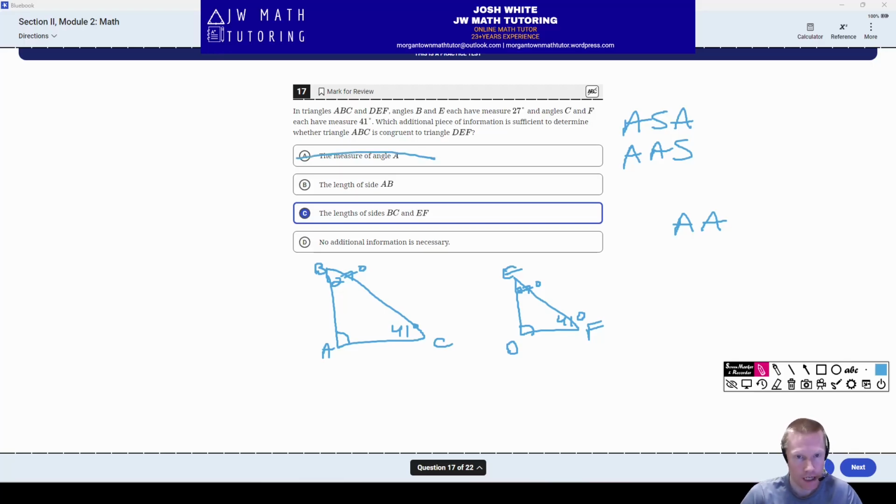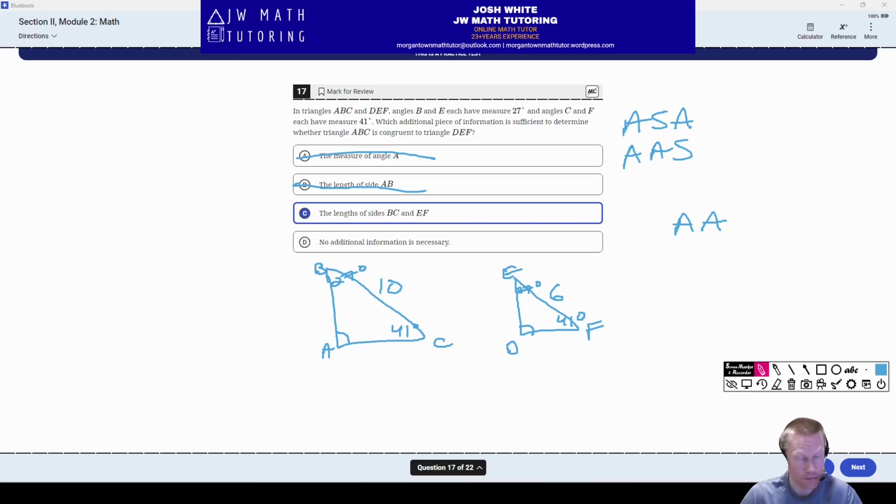And then if you look at B, if you know the length of this is 10, well, you still need to know what the length of DE is in order to prove that the triangles are congruent. So just knowing the length of one side is not sufficient. However, if we know BC and EF, they either are congruent or not. If this is 10 and this is 10, they're congruent, whereas if one is 10 and one is 6, they are not congruent.